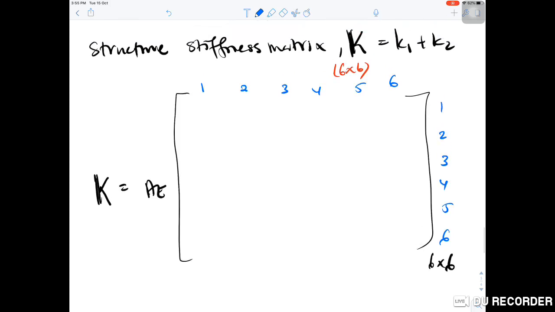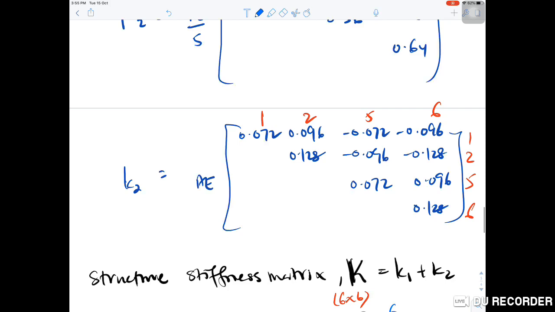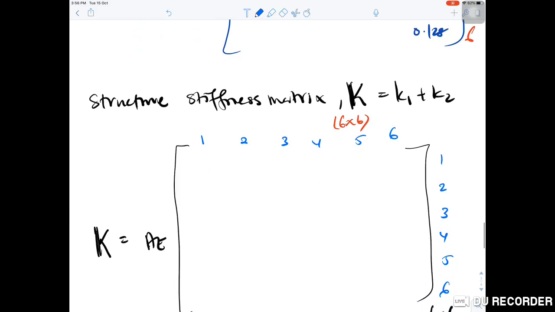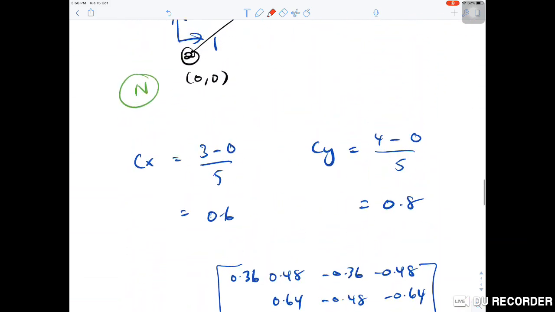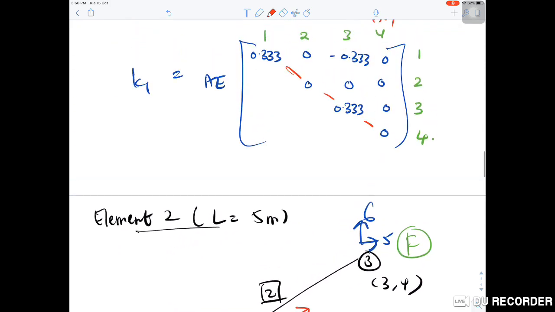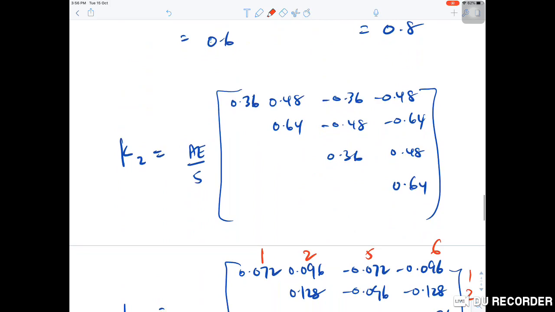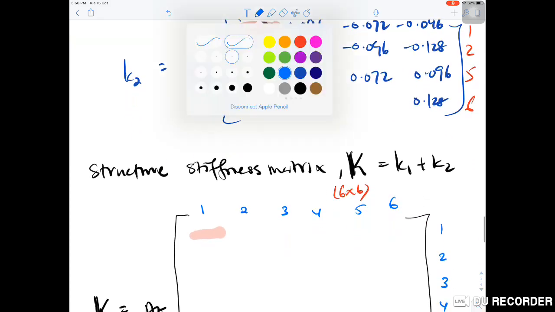We find these values from the element stiffness matrices. Let's see, if we want to determine the value of 1, 1, we have to find 1, 1 in K1 and K2. 1, 1 in K1 is 0.333 plus 1, 1 from K2 is 0.072, and it is equal to 0.405.